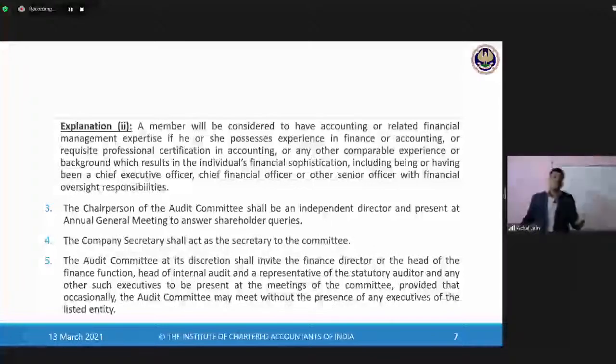The audit committee shall at its discretion invite the finance director or the head of the finance function or the head of internal audit, because internal audit happens to be a separate department, or it can be an external internal audit, or a representative of the statutory auditor or any other executive to be present at the meetings, provided that occasionally the audit committee may also meet without the presence of any of the executives of the listed entity.